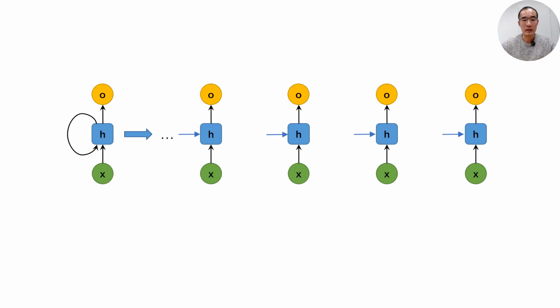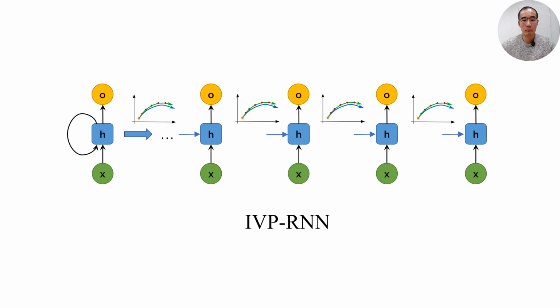So, given a recurrent neural network, the IVP solver can be integrated into the recurrent operations. Originally, RNN models can only update the hidden state when an observation is collected. The IVP solver will continuously propagate the state between successive observations.